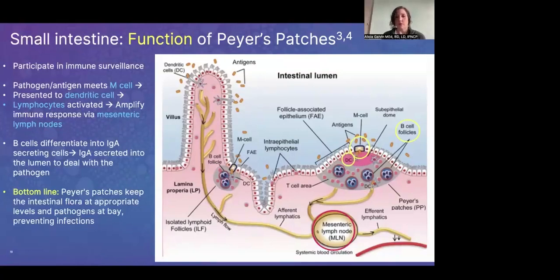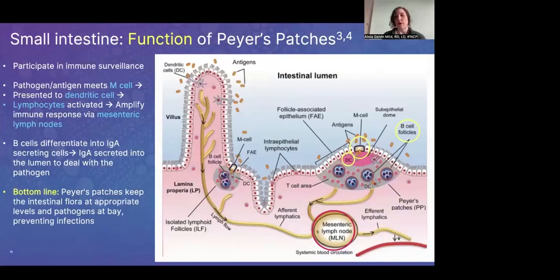So think about somebody who has SIBO, or celiac disease, or any kind of intestinal inflammation that especially affects the small intestine. They're probably going to have some immune system dysregulation and an inability to deal with pathogens very efficiently.